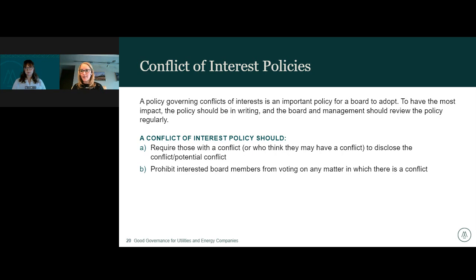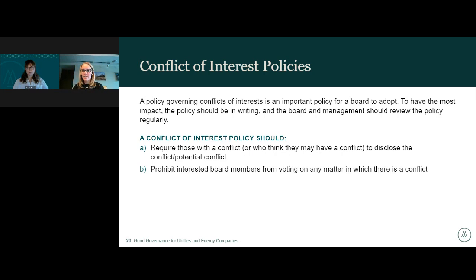So putting that on paper so that it is crystal clear is very important in the organization. Conflicts are going to happen. We're all in communities where we have other businesses a lot as board members, and therefore conflicts will occur. It's more of what is okay, what isn't, and how do we disclose that on a timely and consistent basis.